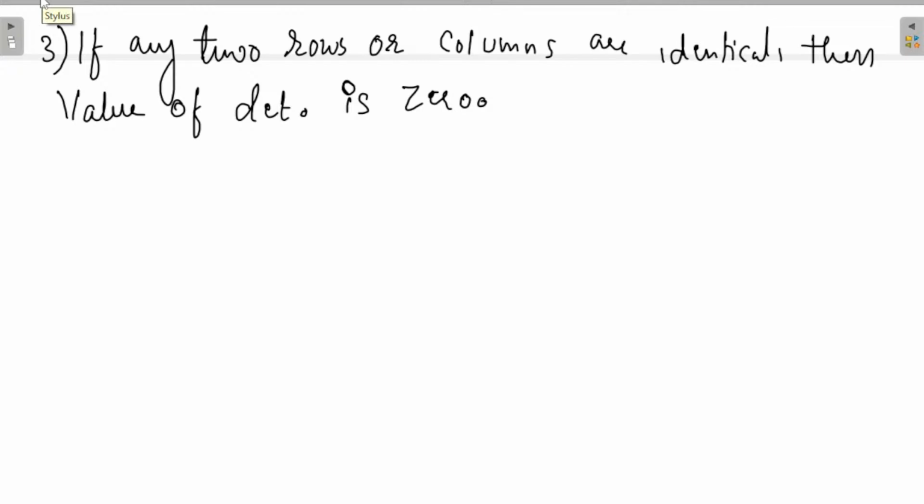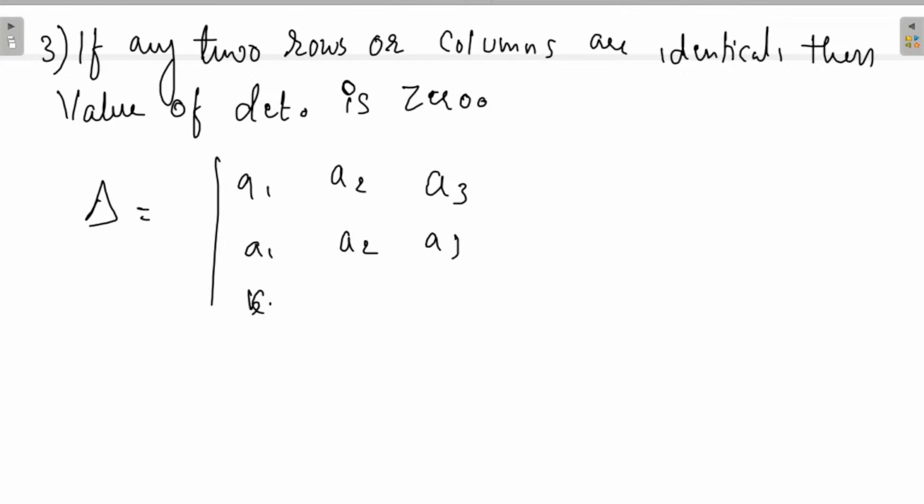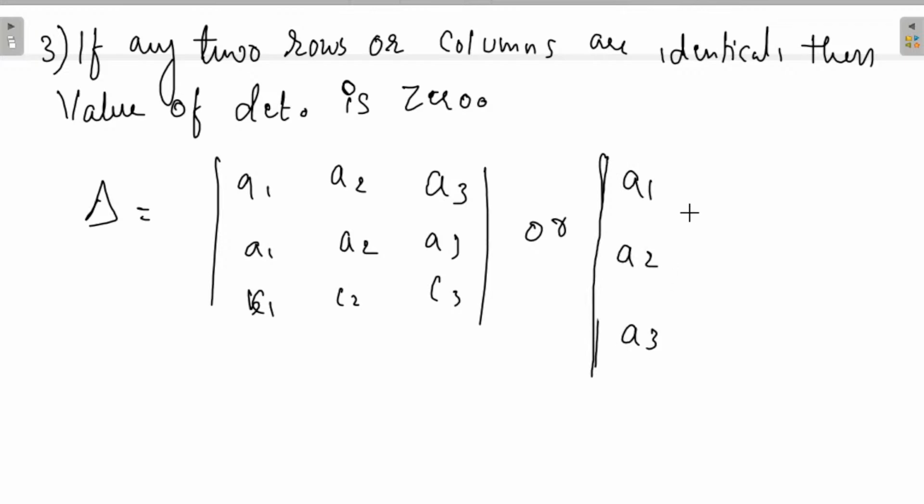Now here what I am trying to say, they will not ask this proof for 3 marks. So directly, if we have a determinant like this, A1 A2 A3, and again A1 A2 A3, and here C1 C2 C3, then any two rows or columns identical. Or let me take a different one: I have A1 A2 A3, here B1 B2 B3, and here again A1 A2 A3.